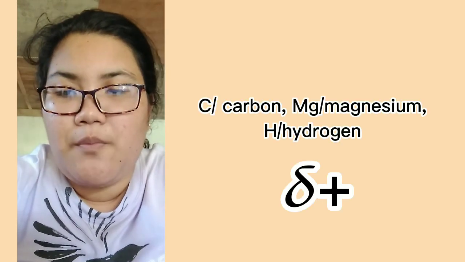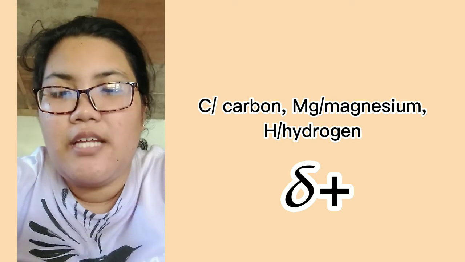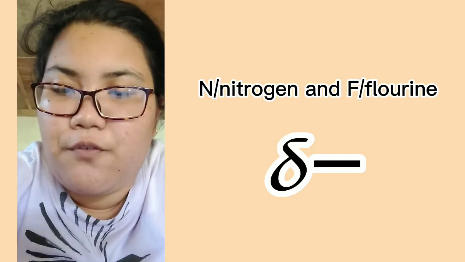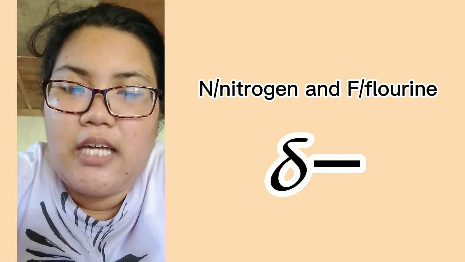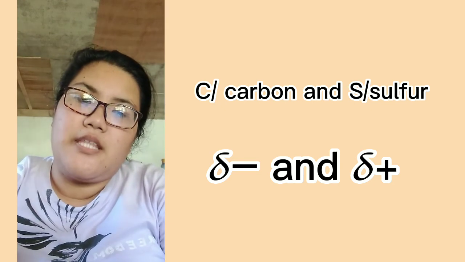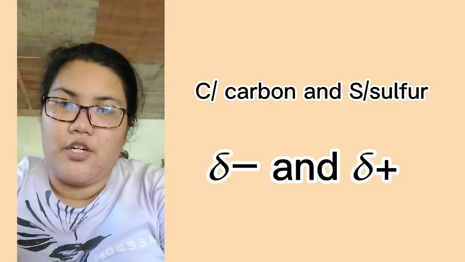So for our answers, C for carbon, Mg for magnesium, and H for hydrogen are all partially positive because they have lesser electronegativity values. And N, nitrogen, and F, fluorine, are partially negative because they have greater electronegativity values. For letter D, they are both partially positive and negative because they have the same value of electronegativity.